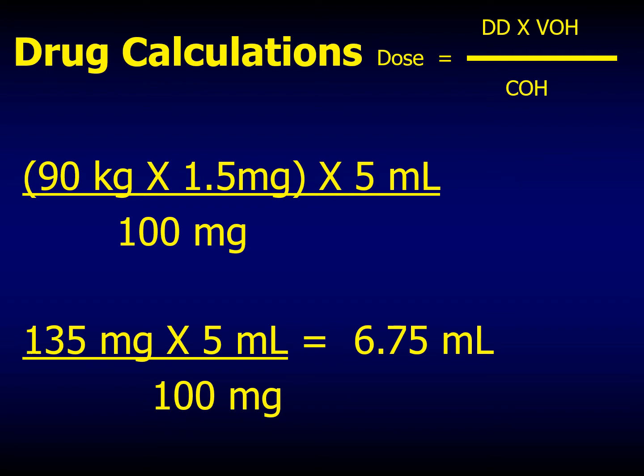If you divided both of these by 5, you'd get 1 and 20, so there'd be 20 milligrams in 1 mil. Either way you did it, the equation would work out the same. So we're going to give Mr. Platt 6.75 mLs of succinylcholine. And then hopefully we're ready to ventilate him because he's going to stop breathing.